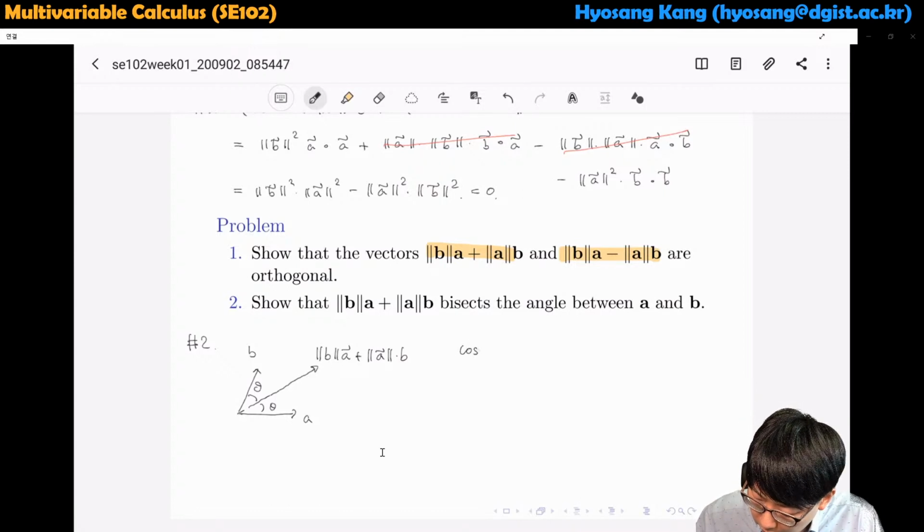So cosine theta can be, let's say theta 1 and theta 2 here.